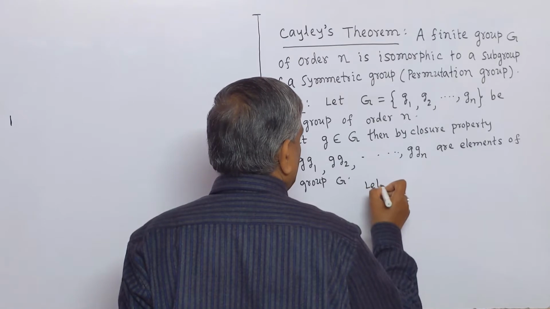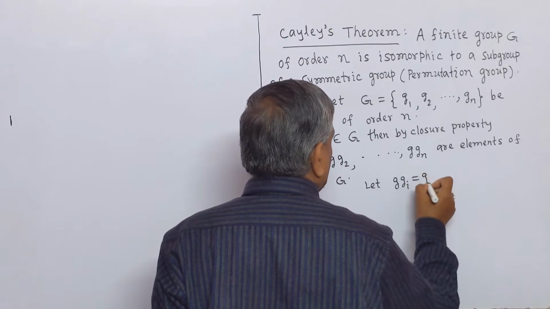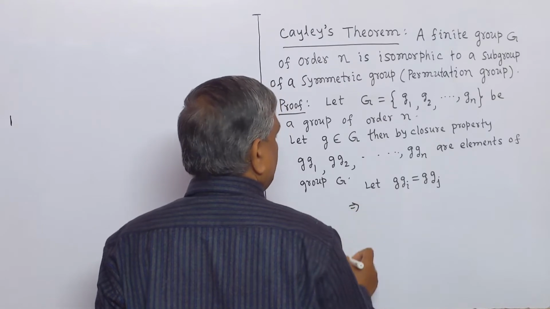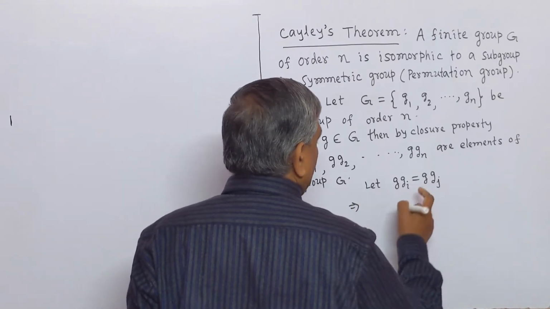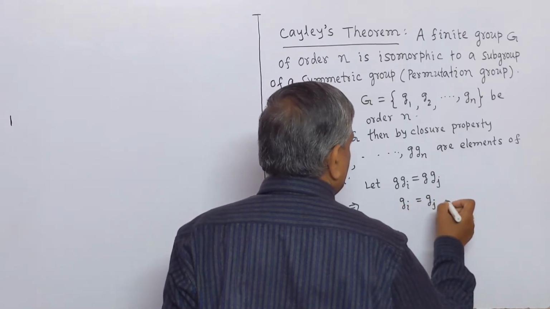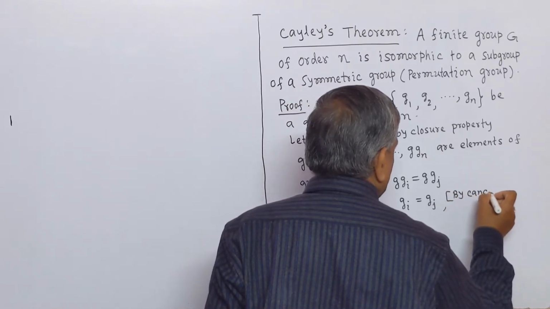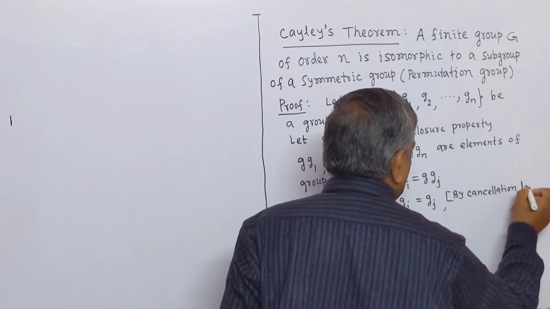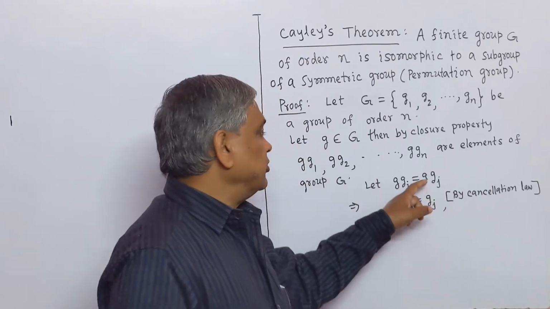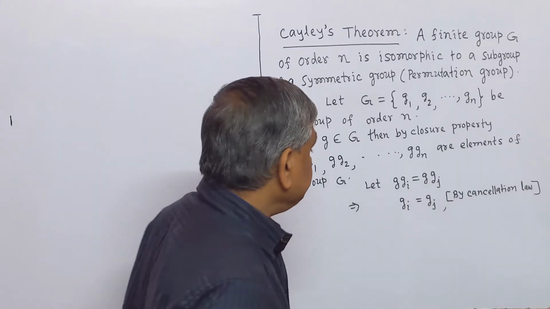Let g gi equal g gj. This implies by cancellation law that gi equals gj. Therefore, g gi equals g gj means gi equals gj.